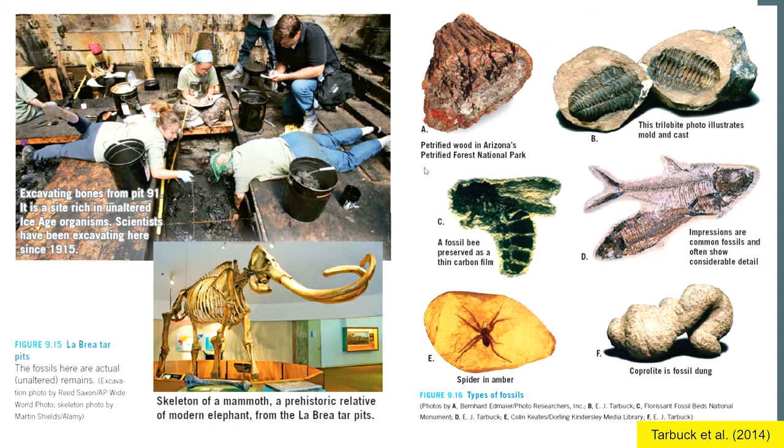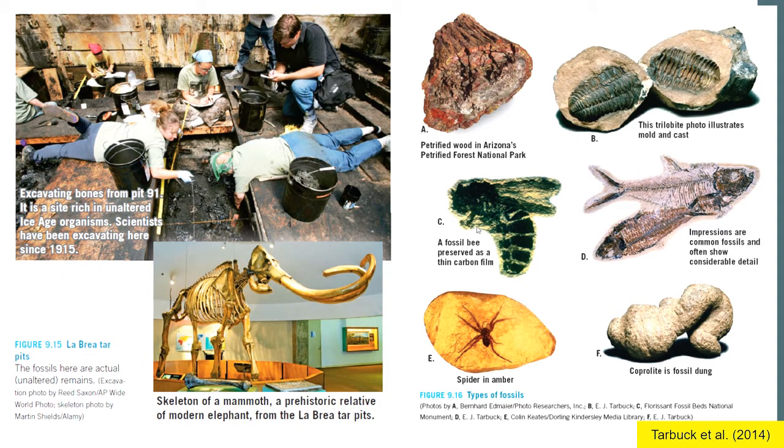These are more examples of beautifully preserved fossils. We have different types of fossils: petrified wood in Arizona. We see here the trilobite, mold and cast. So this was the actual remains of the body, and this was the mold that they were preserved with.